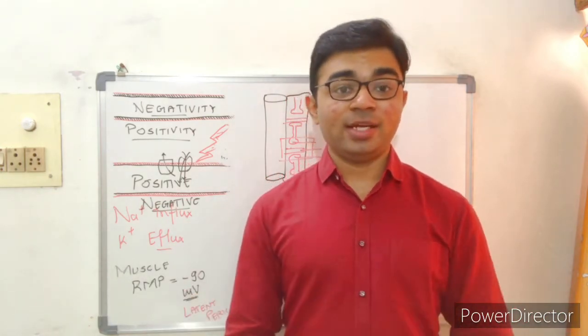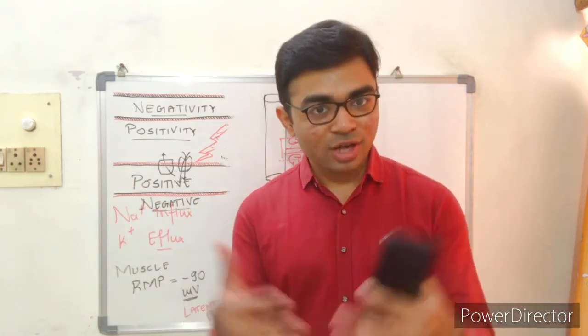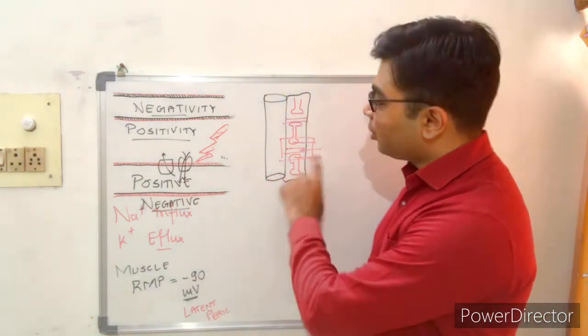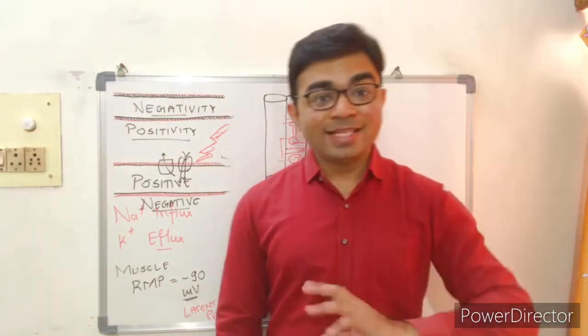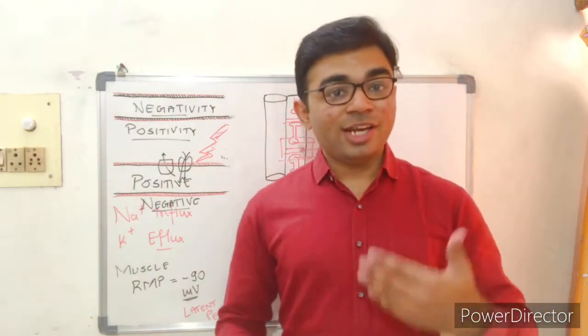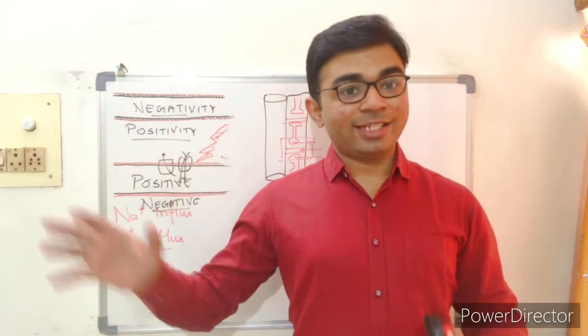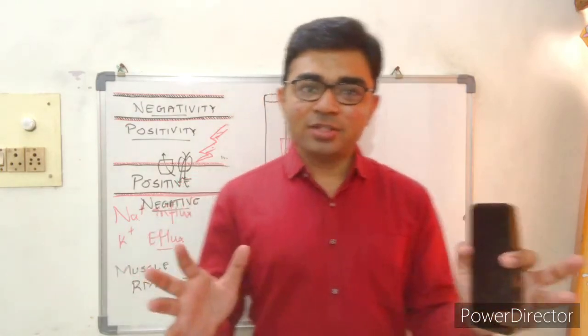But the calcium ions are going to trigger the excitation contraction coupling theory, and the sodium ions going inside the cell are increasing more and more positivity inside the cell membrane. I have already explained the actin filaments and the myosin filaments.